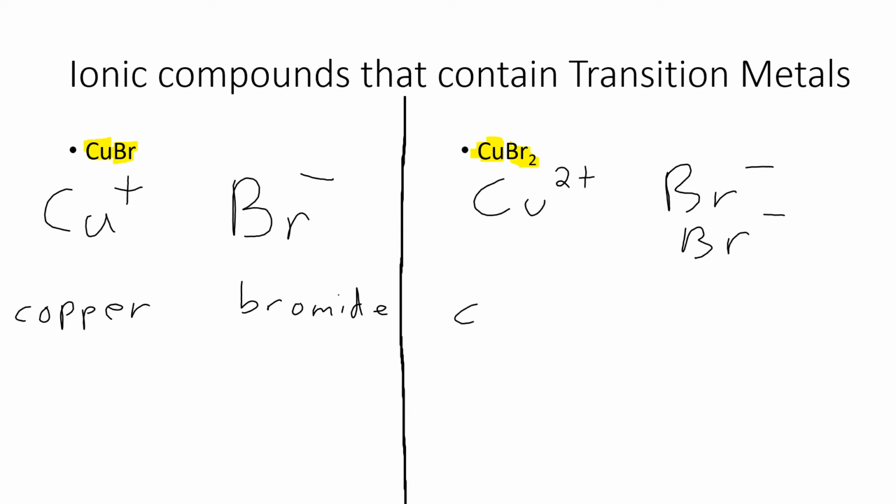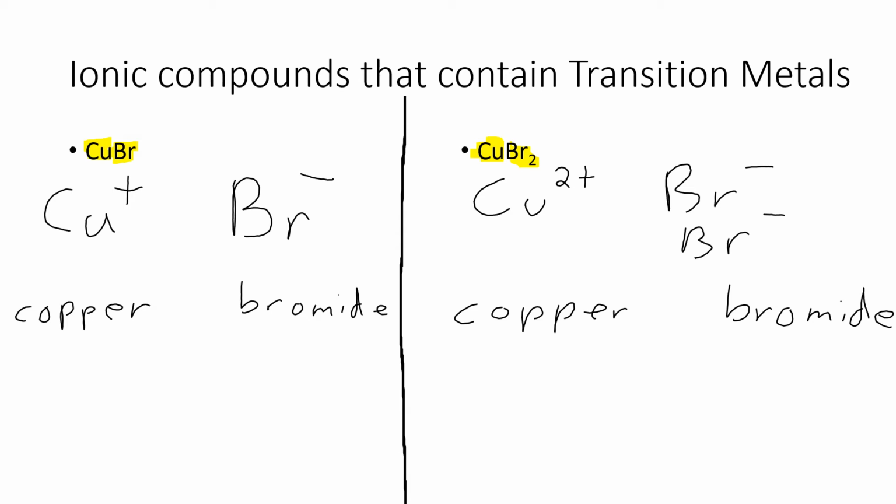Positive ion first, negative ion second. I'd have copper bromide again. And here's where you see the problem where just the first 2 rules that we talked about previously aren't good enough. At this point, I have the same name for both of these compounds.